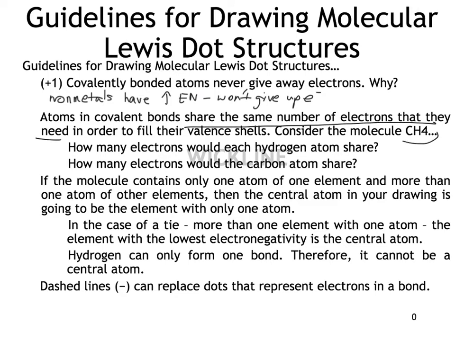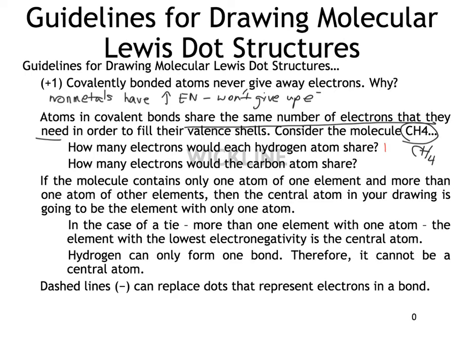Consider the molecule CH4, which should really be written like this, with a little 4. How many electrons would each hydrogen atom share? So you have to use the logic I just said. It'll share the same number of electrons that it needs. So hydrogen atoms will share the number of electrons that they need. And for hydrogen, they need 1 electron, so that means they'll each share 1.